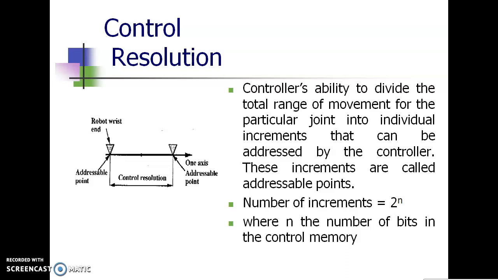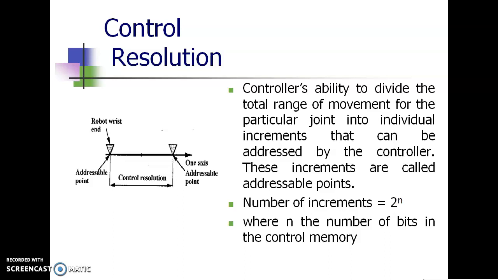I will explain with a simple analogy. If you take a steel rule, the steel rule's range is 30 centimeters. This 30 centimeters is divided into 300 increments. One increment is equal to 1 mm.